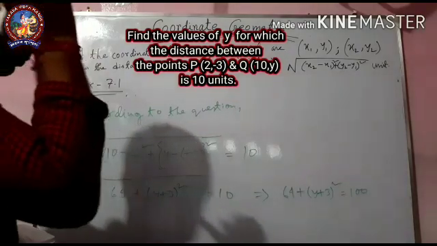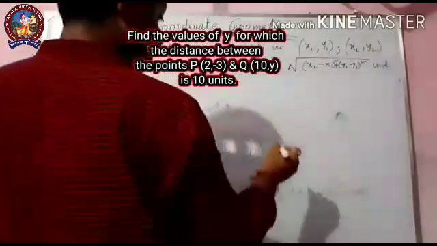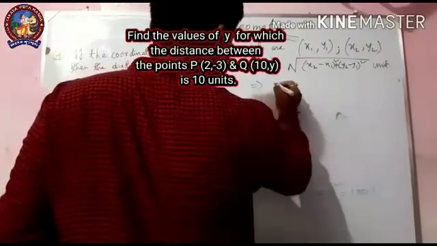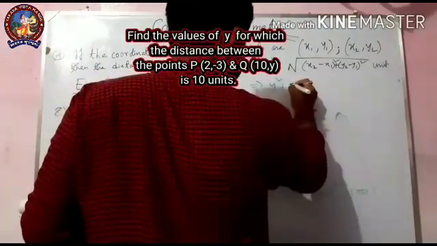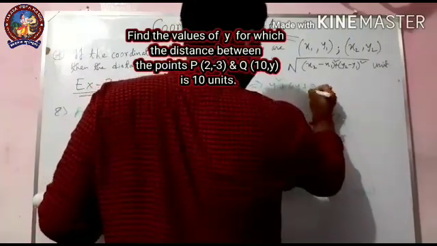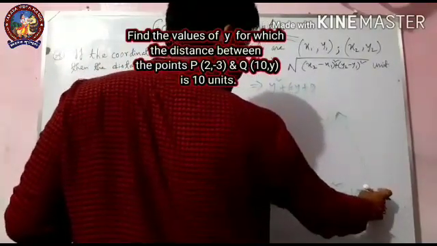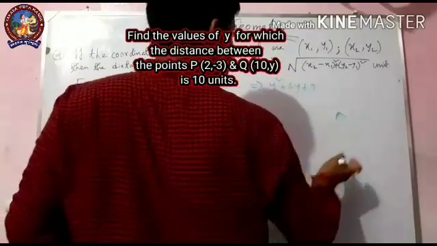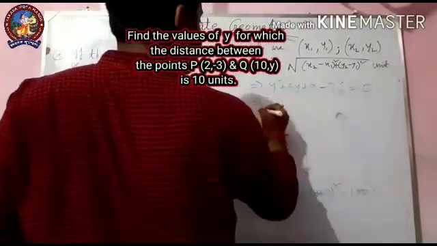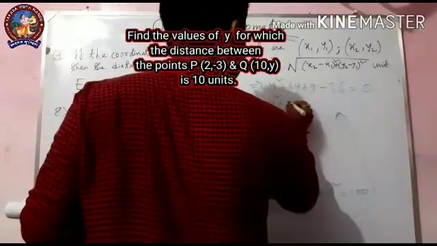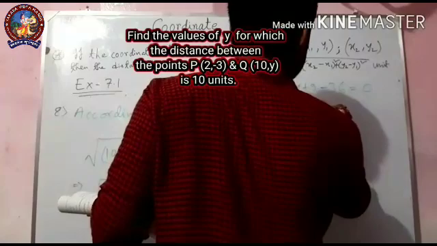Now I'm breaking this using the a plus b whole square formula. Y square plus 6y plus 9. Now calculate 100 minus 64. 64 will be taken to the right side and that will become 36. Now take the 36 to the left side, that will be minus 36, equals 0. Right? So y square plus 6y minus 27 equals 0.